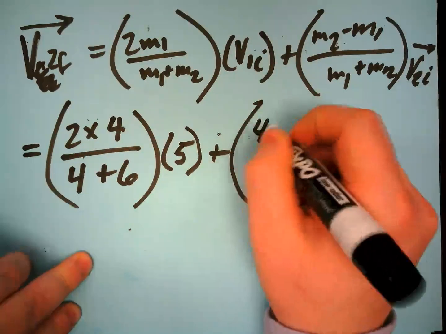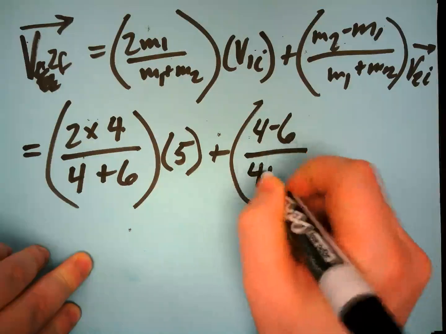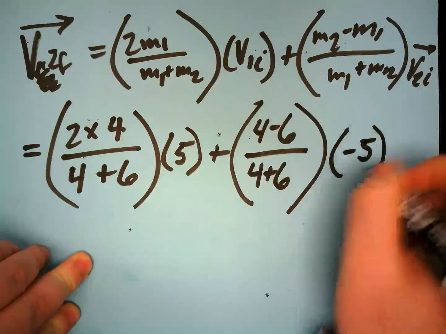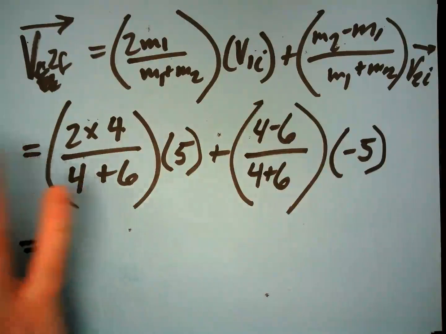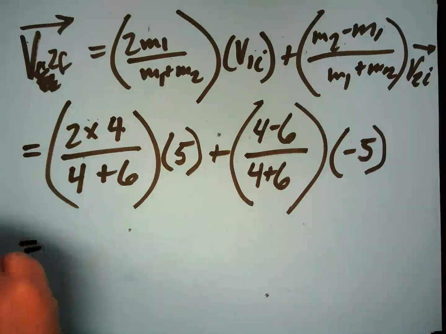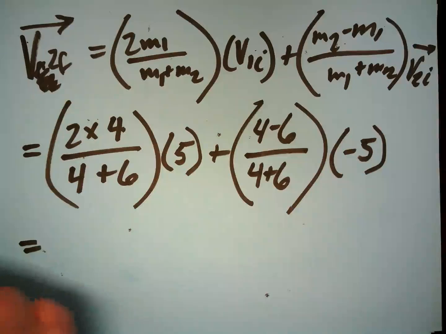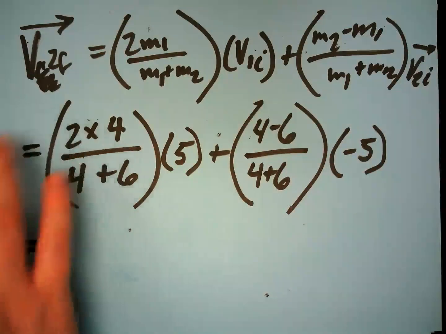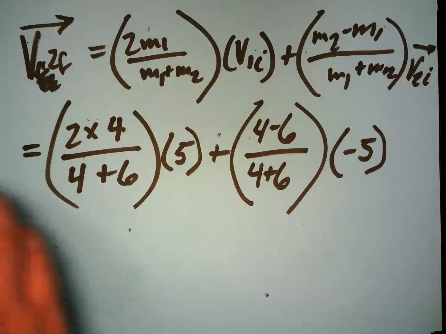So that's 4 minus 6 over 4 plus 6, times a negative 5. So 2 times 4 divided by 4 plus 6, times 5, plus 4 minus 6 divided by 4 plus 6, times negative 5.